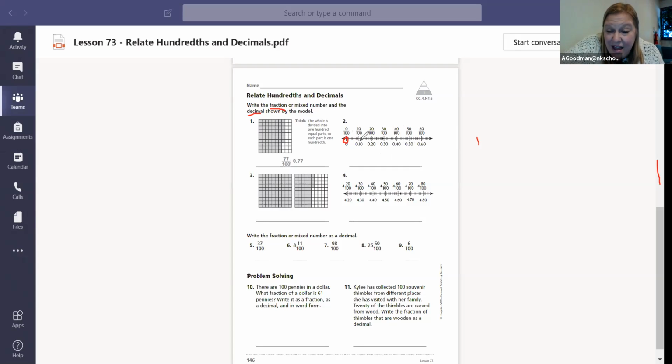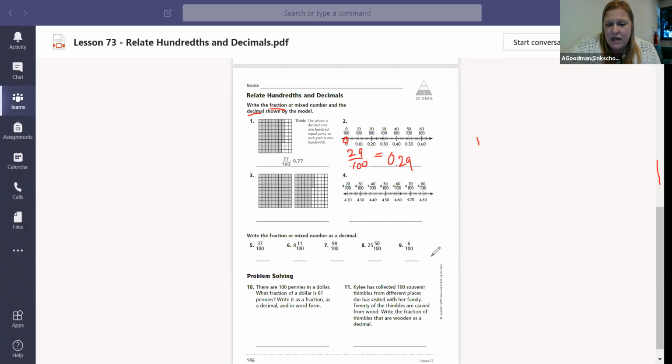And so that's 10 hundredths, 20 hundredths, 30 hundredths. And we have a dot right before the 30 hundredths. The one right before is 29. So we have 29 hundredths. And then that is equal to 0 and 29 hundredths.